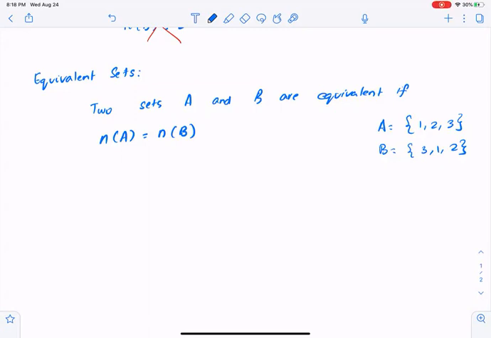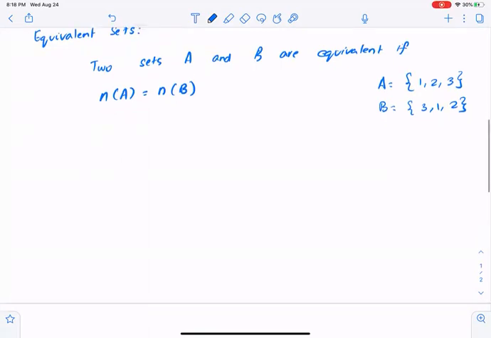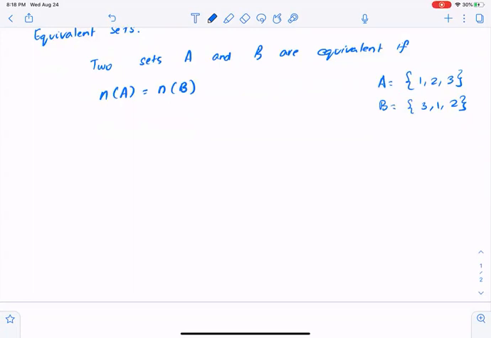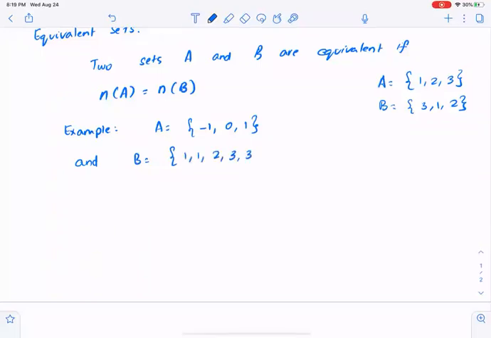So if I have a set A to be -1, 0, 1, and B to be 1, 1, 2, 3, 3, are A and B equivalent?